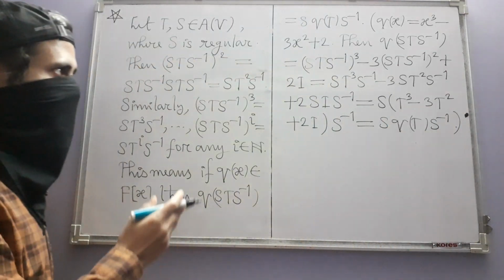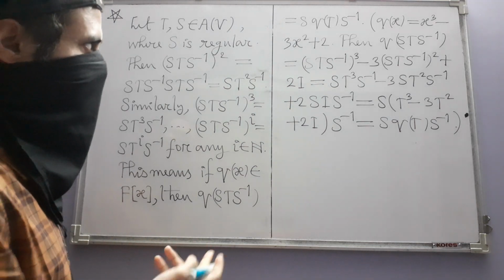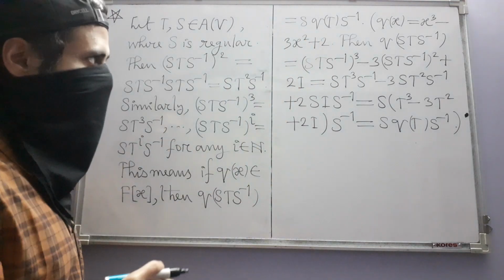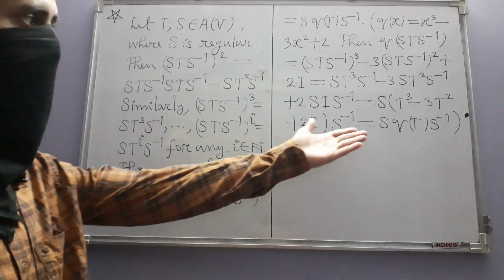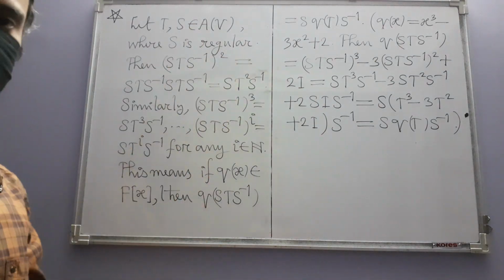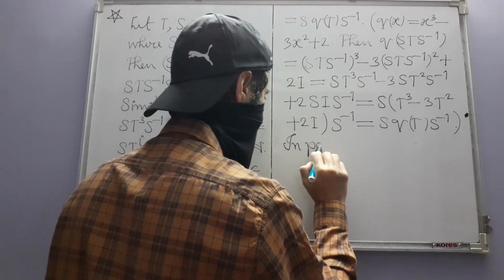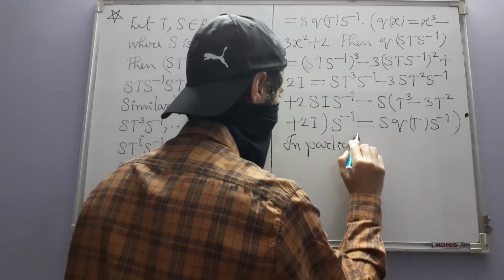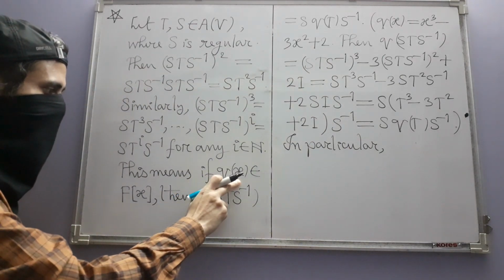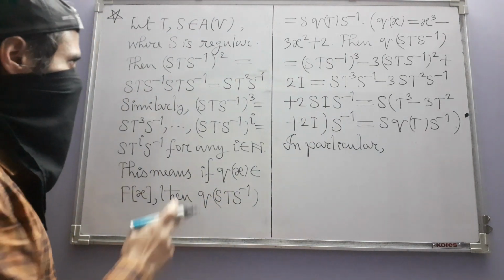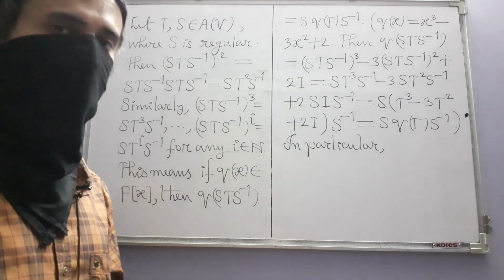So that's how for this particular polynomial we are having this, but in general also you can understand that if you write a general polynomial here and do all the relevant calculations, then you are going to get this. Okay, so that's how we have this. In particular, it may happen that Q(x) is an annihilating polynomial for the operator T. In other words, Q of T is the zero operator.